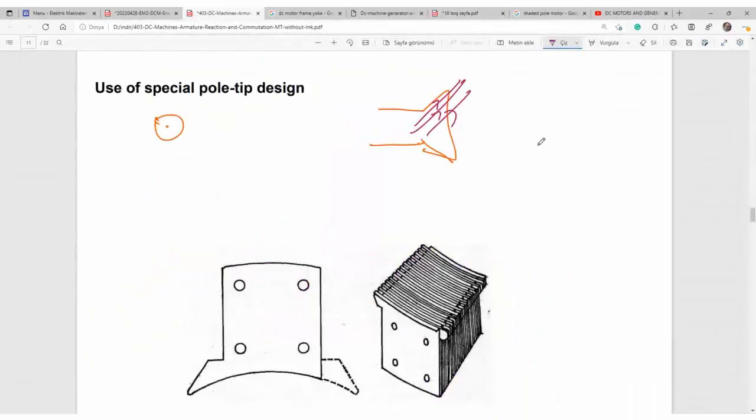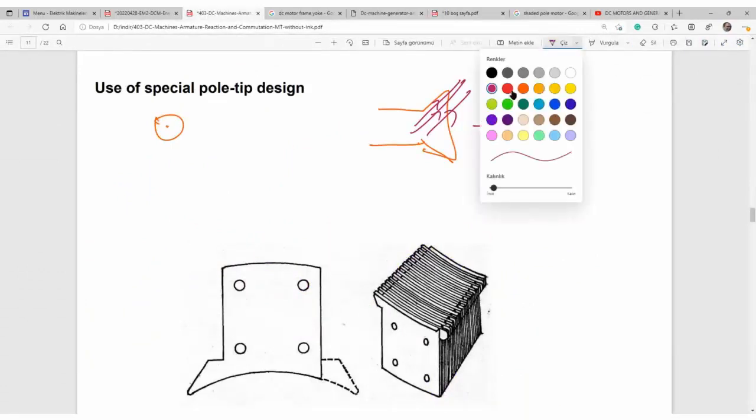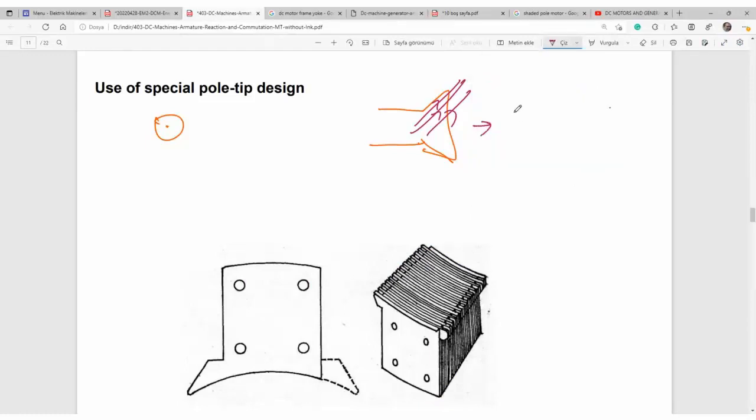Okay, let me make a special arrangement. Here's the pole tip. Here's the rotor. Houston, what is happening there?